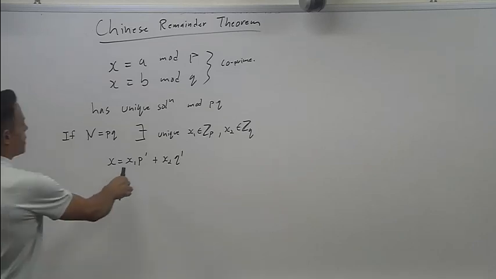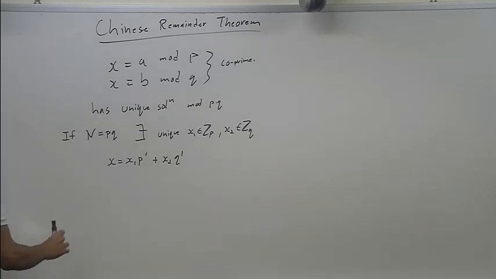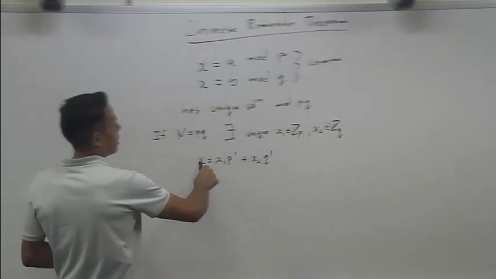So we can find unique x1 and x2 such that this is true, and we can actually do the opposite.